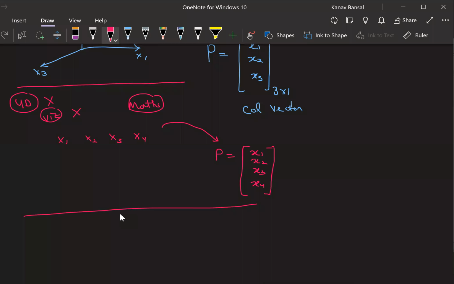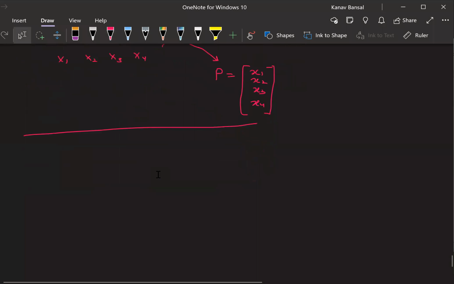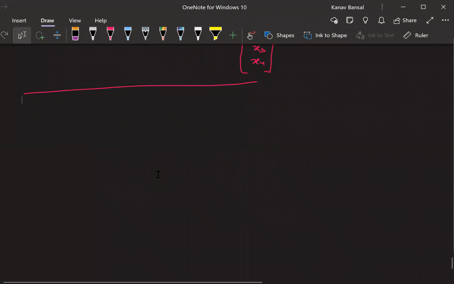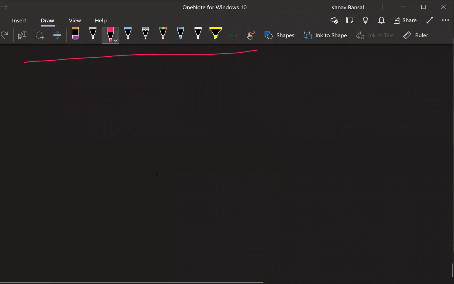We'll come to all the places where we actually use vector algebra while talking about machine learning. Tomorrow I'll try to show you how to solve a machine learning problem just by using vector algebra. I won't use even a single thing outside vector algebra. Is that fine? So for today, let's only learn vector algebra. Tomorrow we'll try to solve that problem. It is all theoretical today, so let's try to complete this as soon as possible.